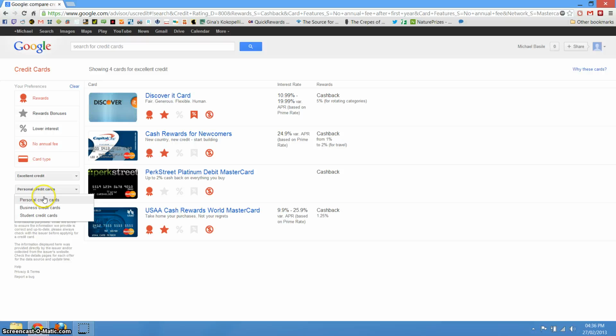So like I already have personal credit card selected, I should be able to select it again instead of having to click off it. That's just a slight annoyance. So being able to sort is good. I don't know if there's anything else I'd like to sort by.